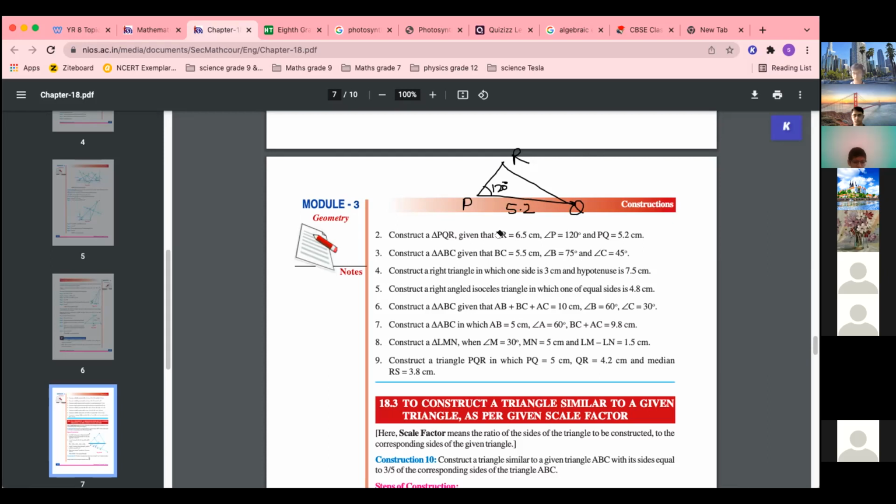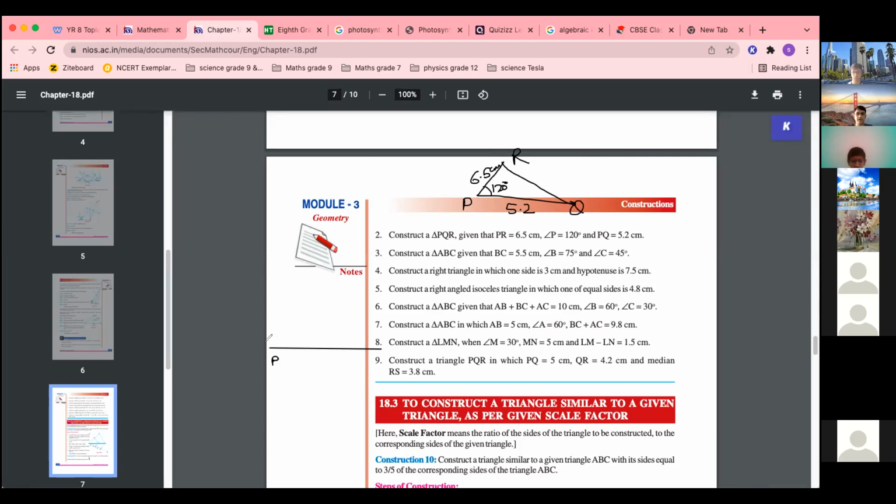Okay, so Mudabbir, how will we draw this? Tell me, this is rough. First, we'll make the base PQ as 5.2 centimeters, and then we'll place the pointed end of the compass at P and cut an arc.